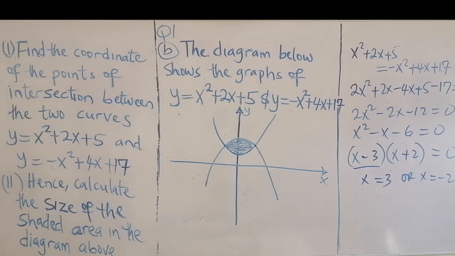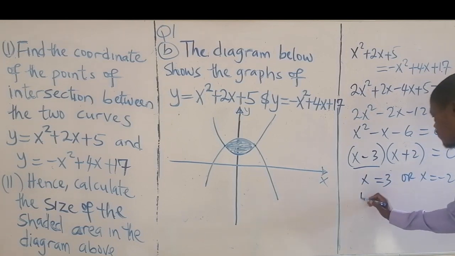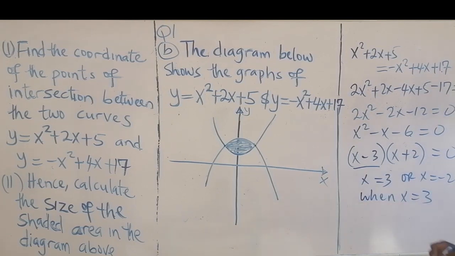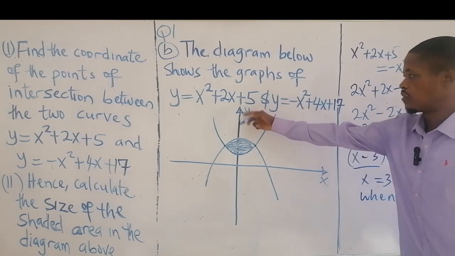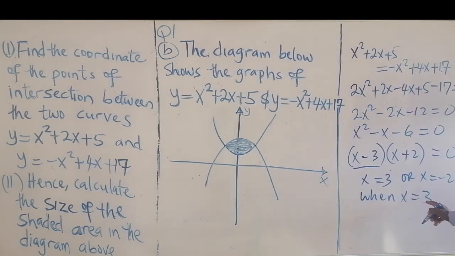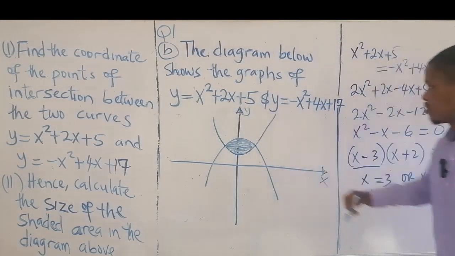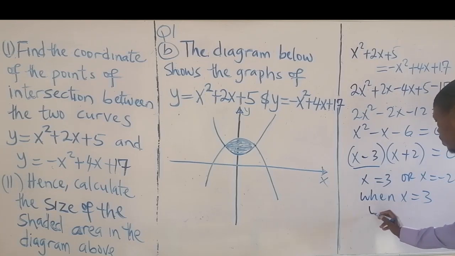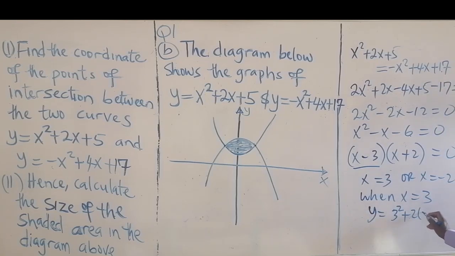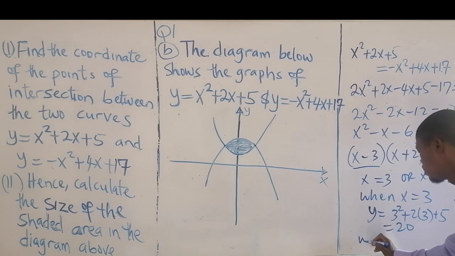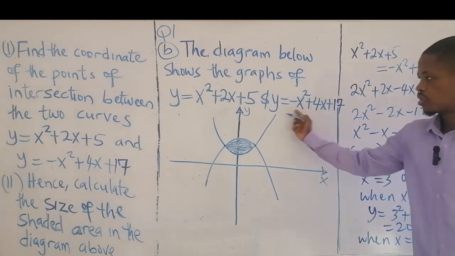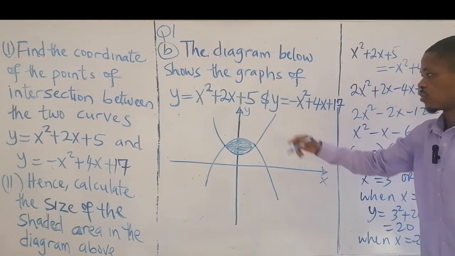It's going to be x and y coordinates. So when x is 3, let's get the y. You can use any of the equations. If you plug in 3 to this expression, you have y equal to 3 squared plus 2 times 3 plus 5. That gives us 20. For the second one, when x is minus 2, the two equations are equal to each other, so you can use any one of them.